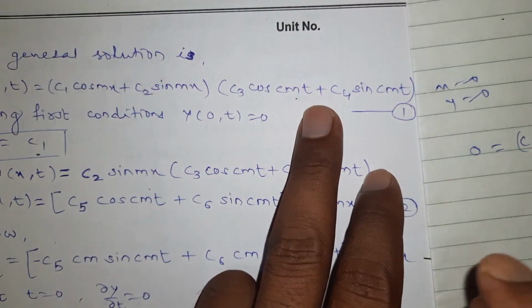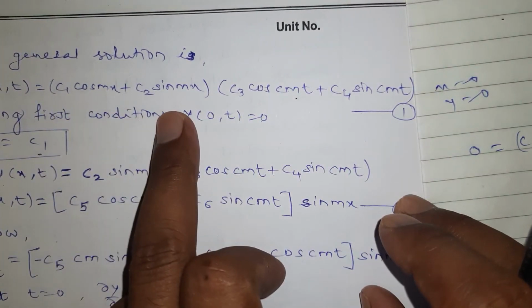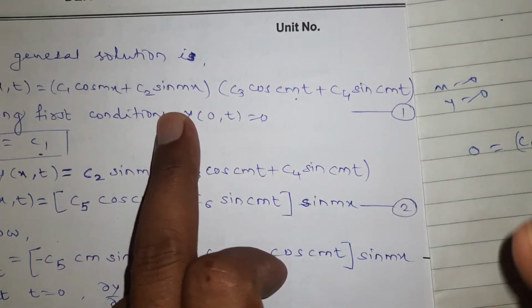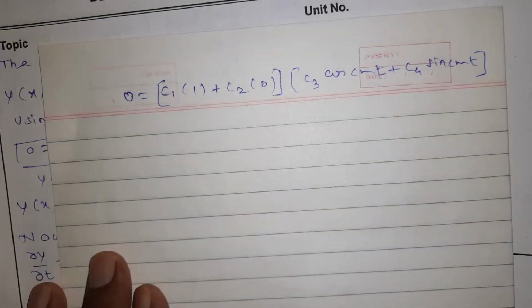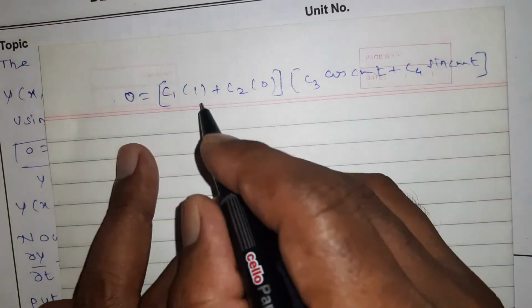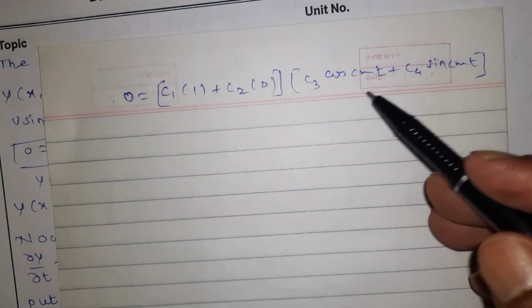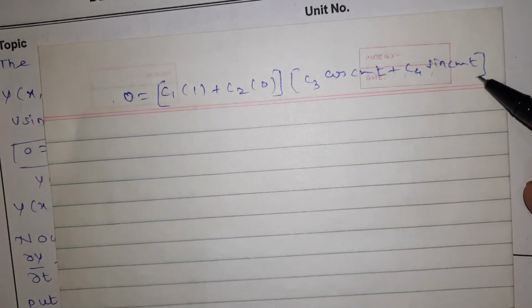So we get only c1 plus c2 into 0. I am writing the step: 0 is equal to c1 into 1 plus c2 into 0, then c3 cos cmt plus c4 sin cmt.